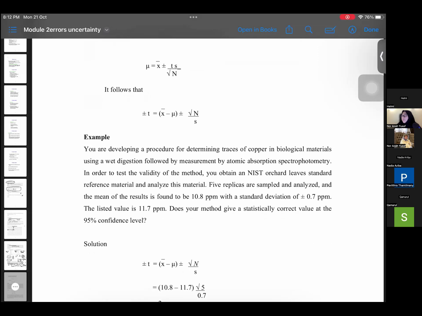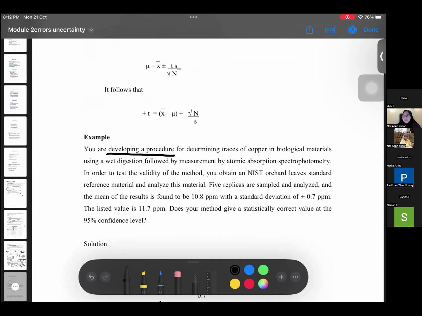You are developing a procedure again. It's not necessary that you are developing a procedure. You just want to check the label, because you bought the chemicals and the label claims it has 70% of your element of interest in that particular container.